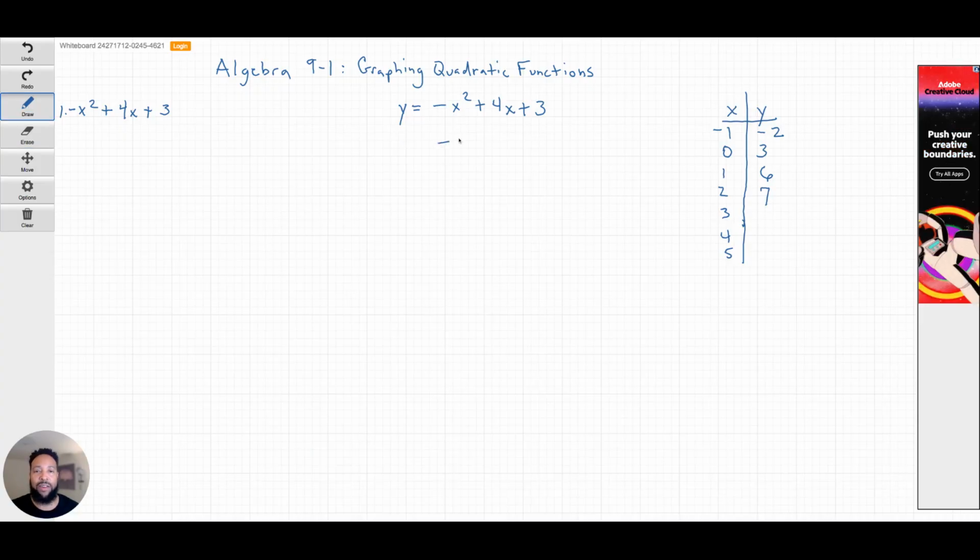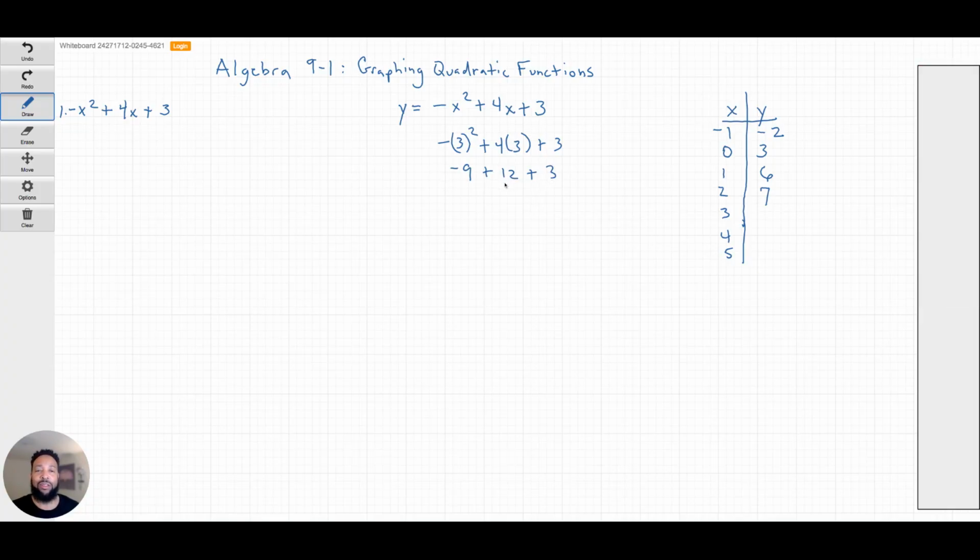And so we have negative 3 squared plus 4 times 3 plus 3. 3 squared is 9, with the negative in front, that's negative 9 plus 12. 4 times 3 is 12 plus 3. So we have 12 minus 9, which is 3, and then 3 plus 3 is 6.